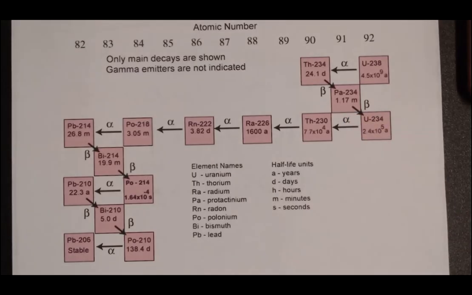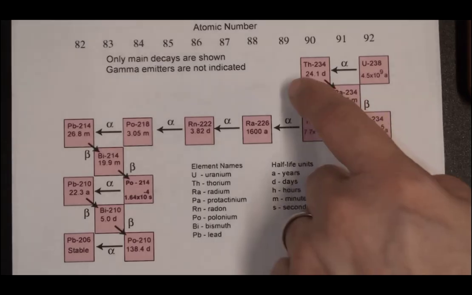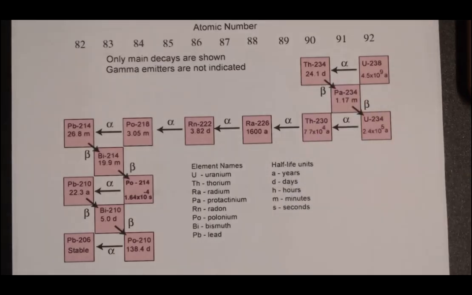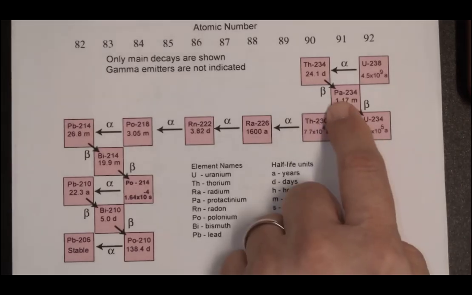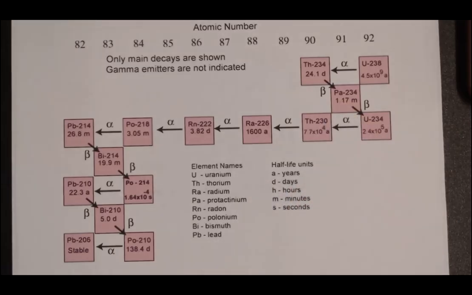But what happens to my quantity of uranium as time goes on? It starts to go away. What happens to my quantity of thorium then? Goes up. But at the same time, some of those thorium atoms are decaying into this, right? So it's not just going up, it's also going down.